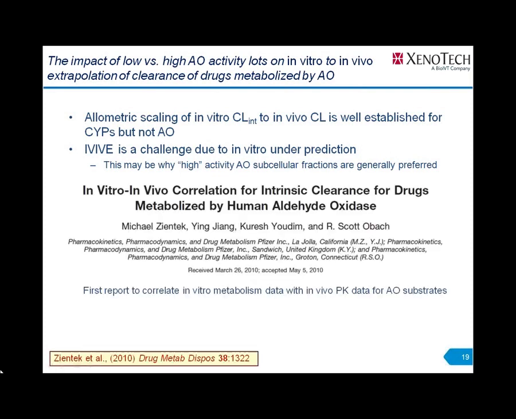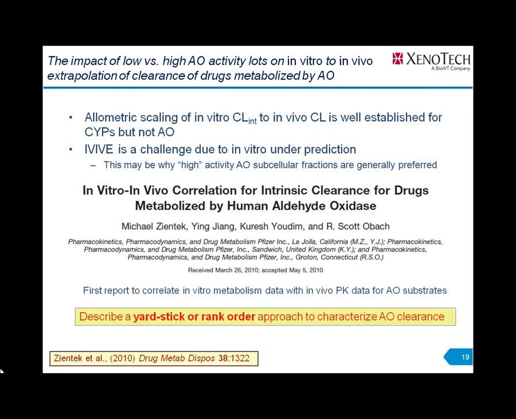That being said, a couple of years ago, a paper out of Pfizer was really the first report to do an IVIVE approach with aldehyde oxidase using in vitro metabolism data for aldehyde oxidase substrates that had corresponding in vivo PK data available as well.